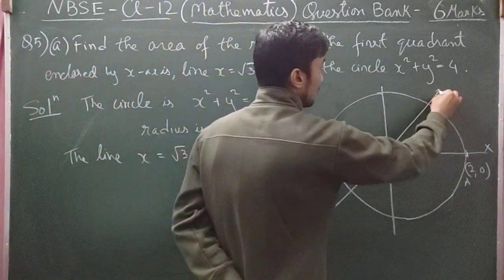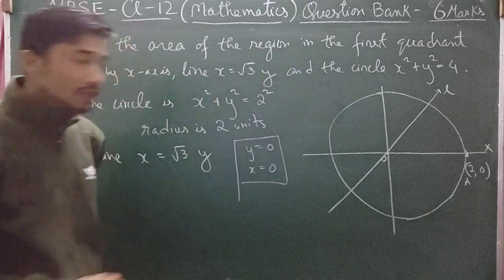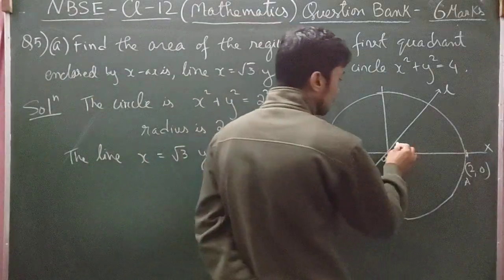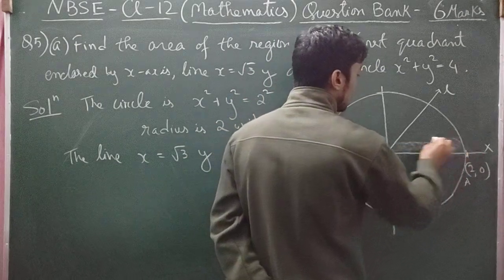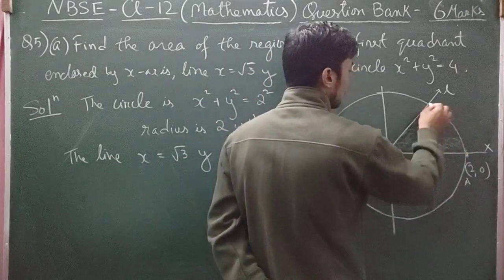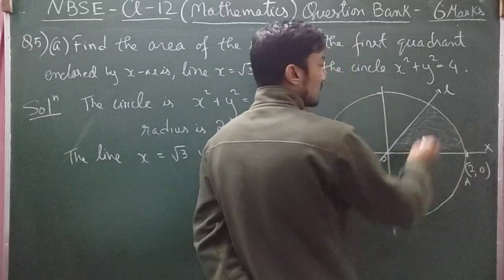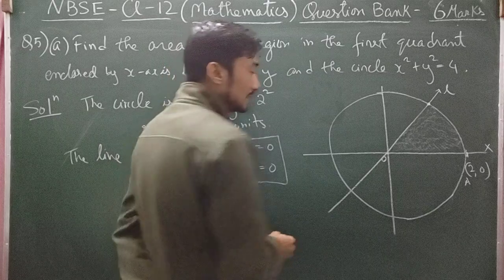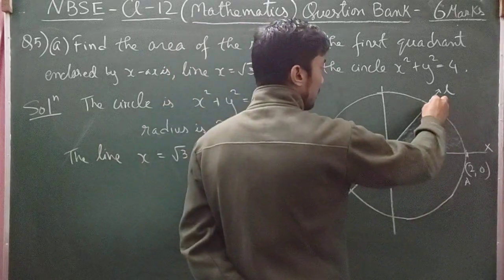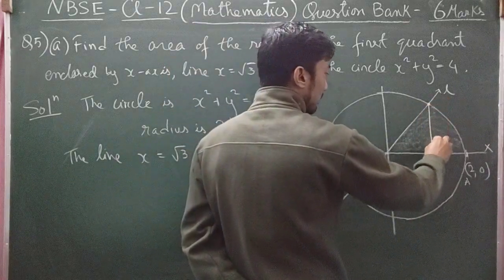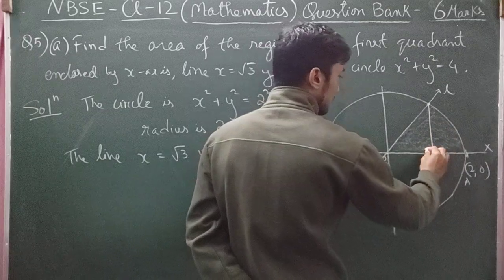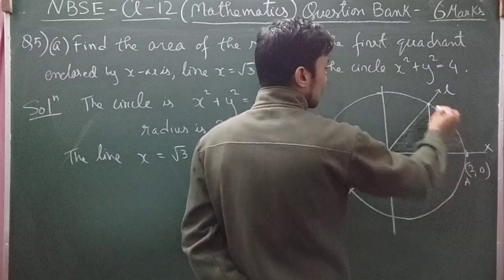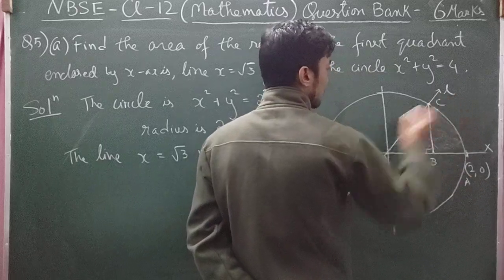Let's say this is our line N. Now we're supposed to find the area enclosed in the first quadrant by the line and the circle, this area. The line will intersect the circle at a certain point, so we will drop a perpendicular from the point of intersection to the x-axis. Let's name this B and this C.